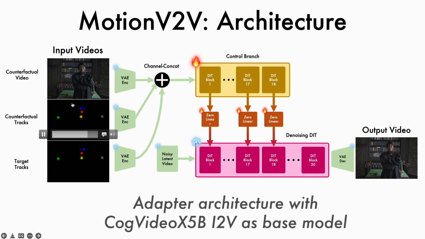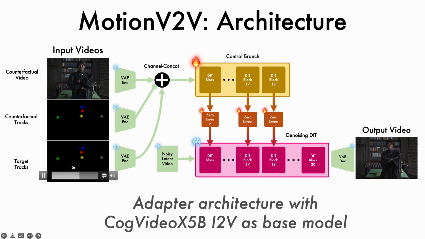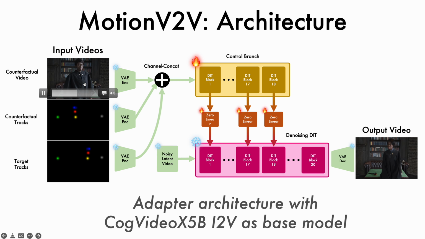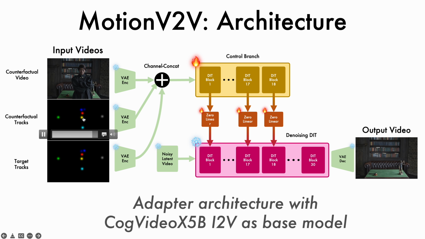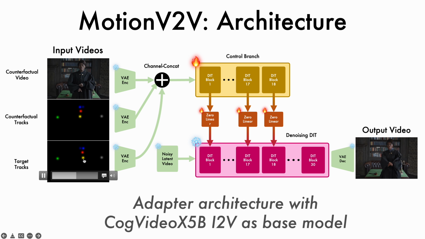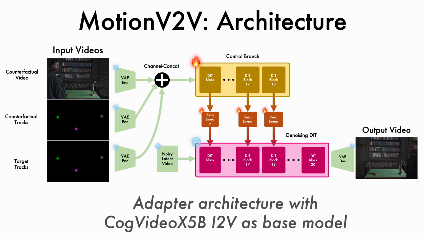We concatenate 3 extra channels into this control branch, one with our counterfactual video, which is another way of saying our input video, one with the control input dots, which track the before tracks, and one with the target tracks, which tell us where we want each one to go. They're all color-coded so that yellow pairs with yellow, red pairs with red, and blue pairs with blue, etc. And after denoising, we get an output video. In this case, we make the judge enter from the right of the video instead of the left.